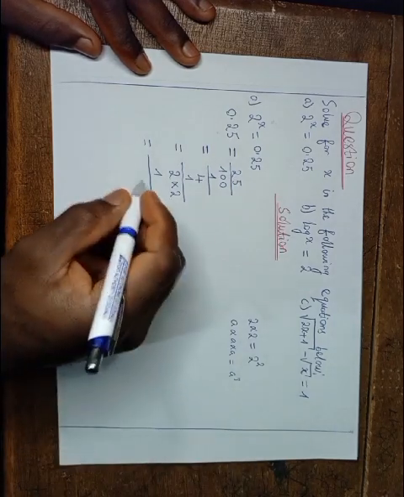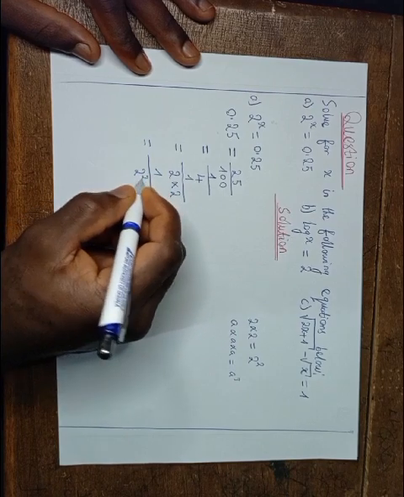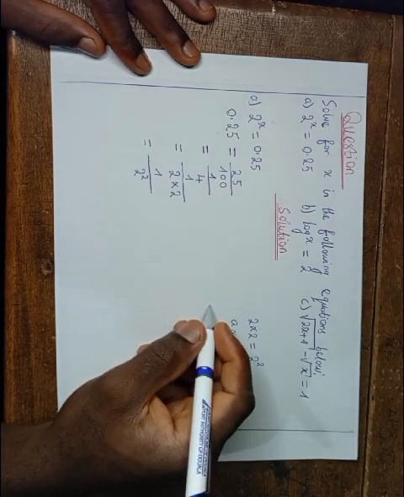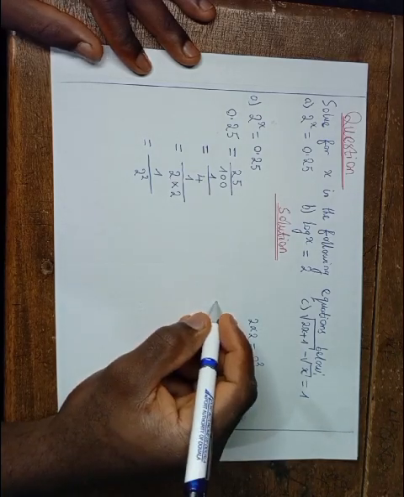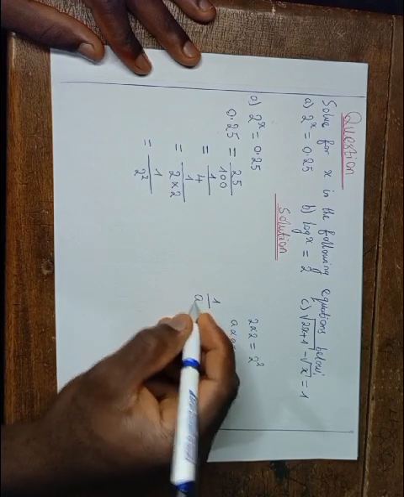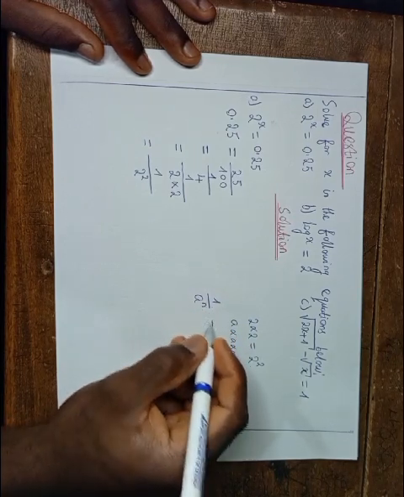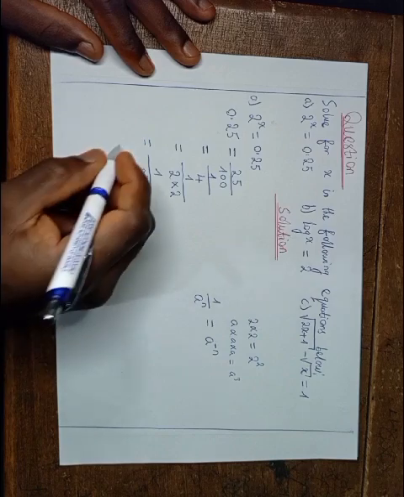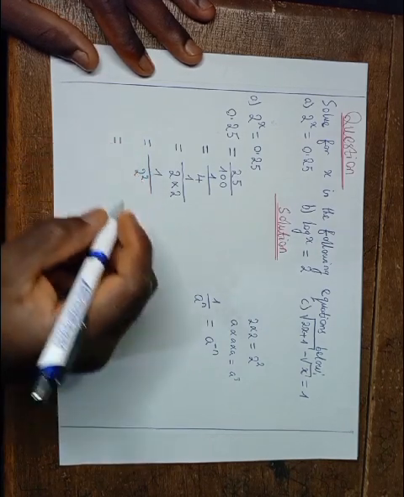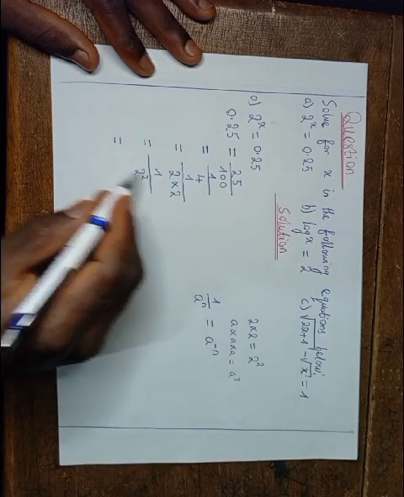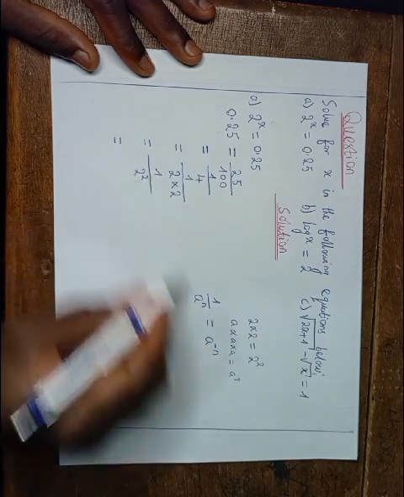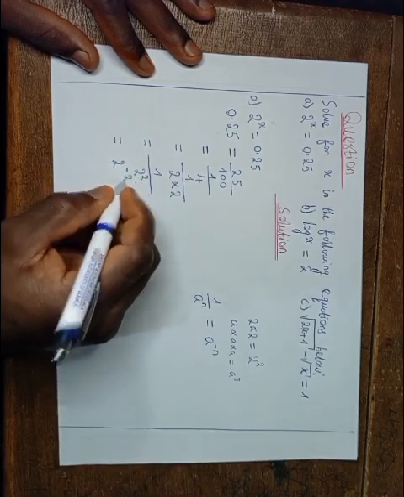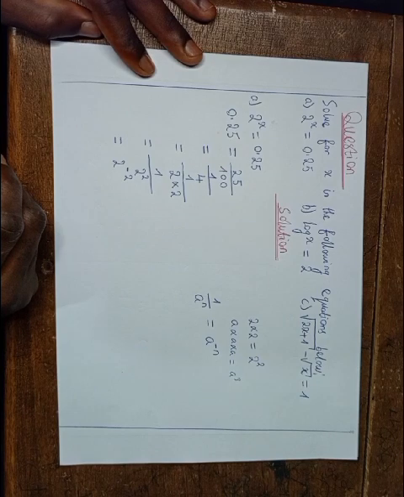So this will give us 1 all over 2 to the power 2. Next, we have a law of indices which states that 1 all over a to the power n is simply the same as a to the power negative n. Here a is 2, n is 2. This will give us 2 to the power negative 2. Take note of that.